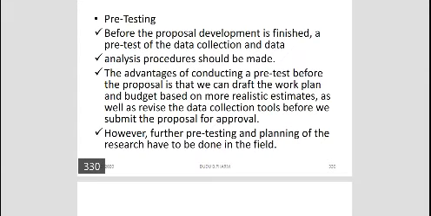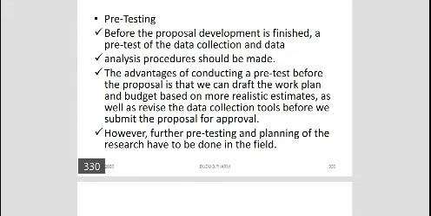The advantage of conducting a pre-test before the proposal is finished is that we can draft the work plan and budget based on more realistic estimates, as well as revise the data collection tools before we submit the proposal for approval.